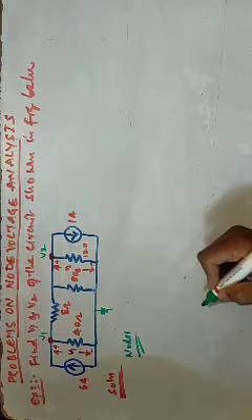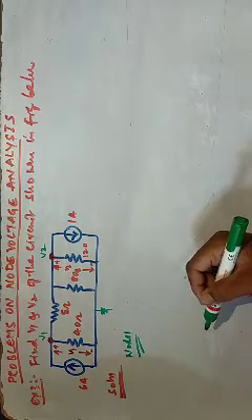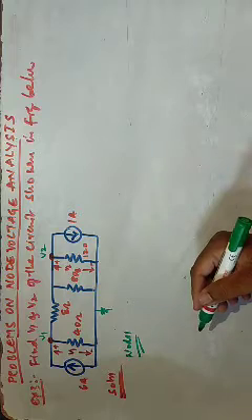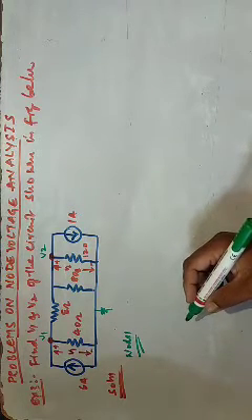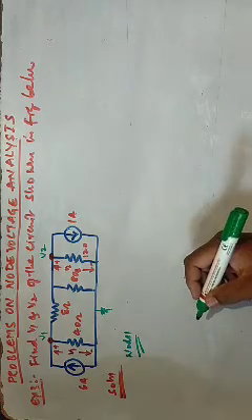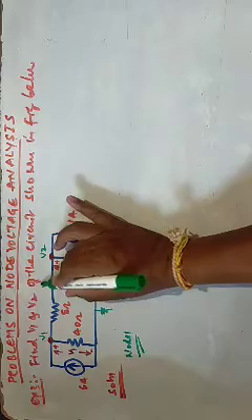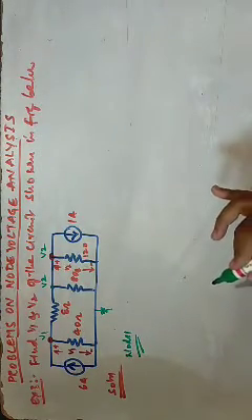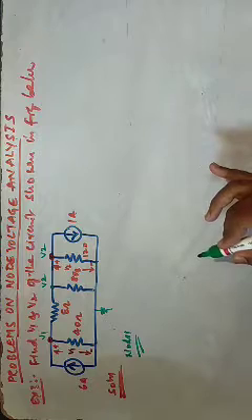I'll write an equation. 40 ohm is connected to node 1. 8 ohm is connected to both node 1 and node 2, and since there is no component between those points, it remains V2.